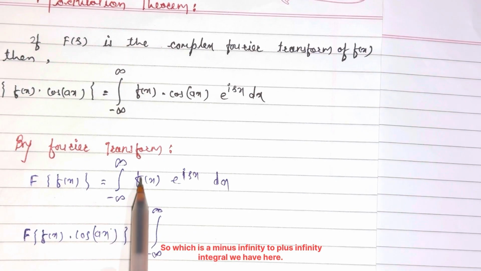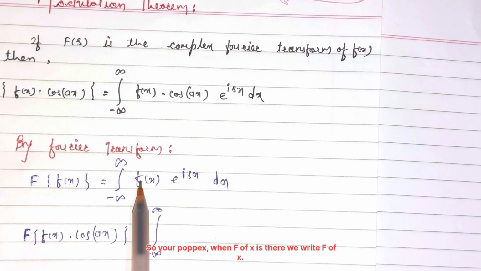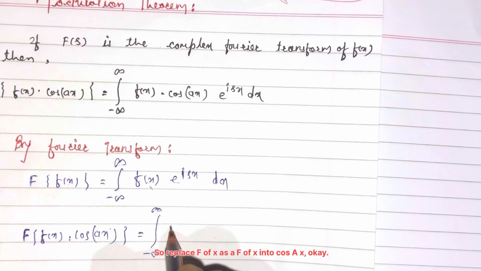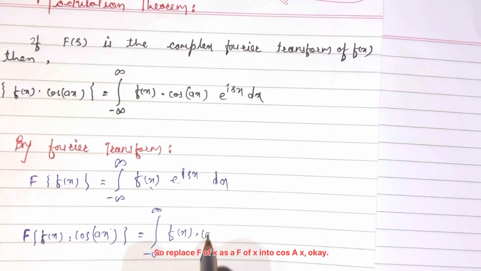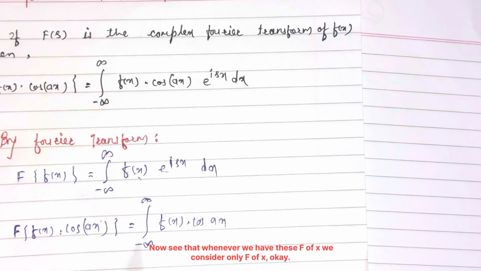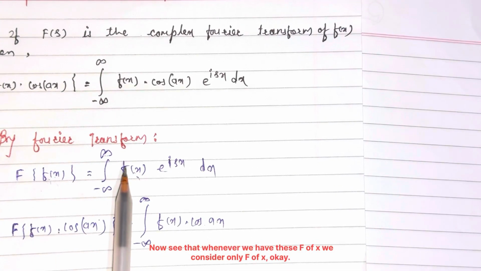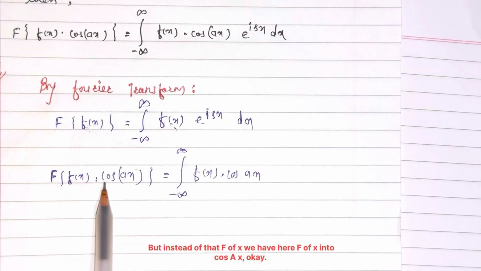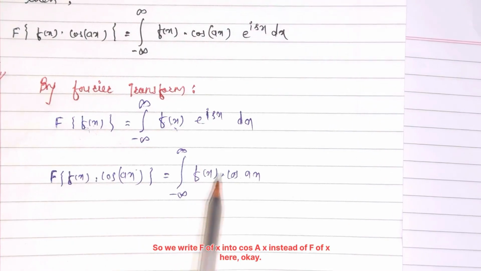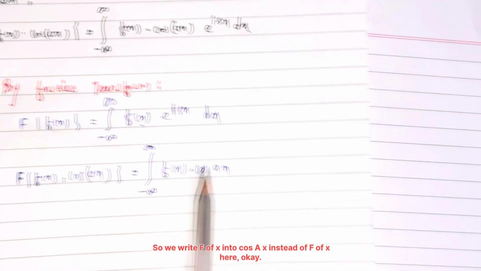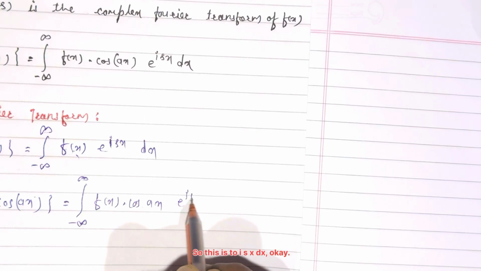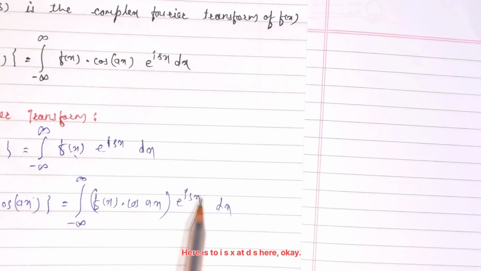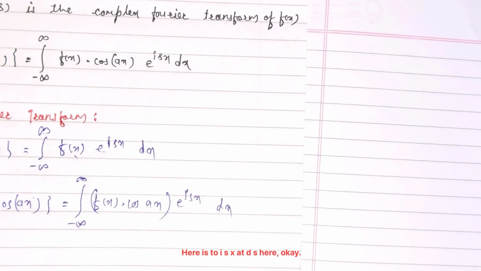Whenever we have f of x we consider only f of x, but instead of that we have f of x into cos ax, so we write f of x into cos ax instead of f of x here, and e raised to isx dx.